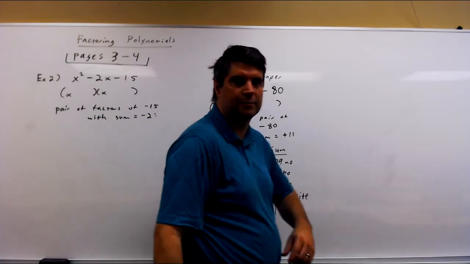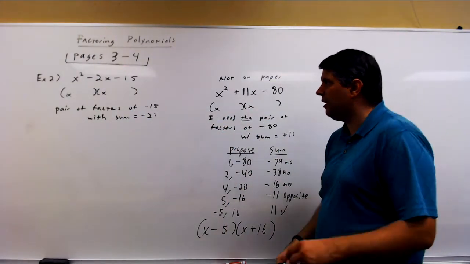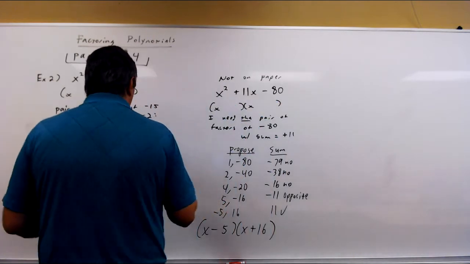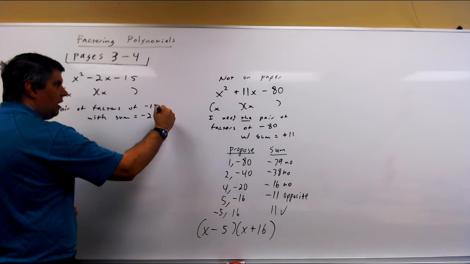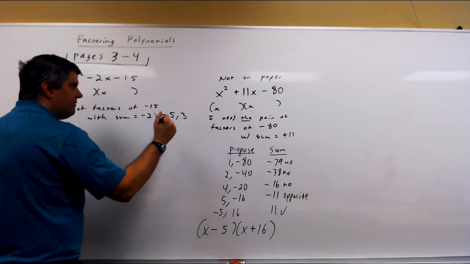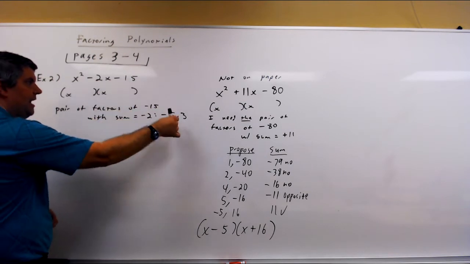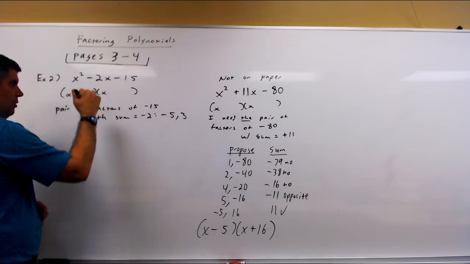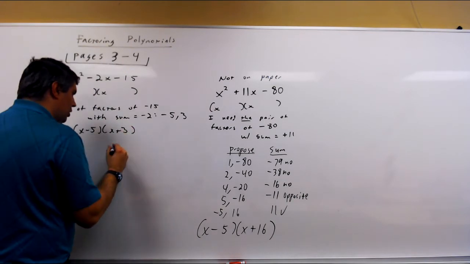Okay? Well, I'm going to say it has to be negative 5 and positive 3. If we multiply these, we get negative 15. If we add them, we get negative 2. So that would be x minus 5, x plus 3.